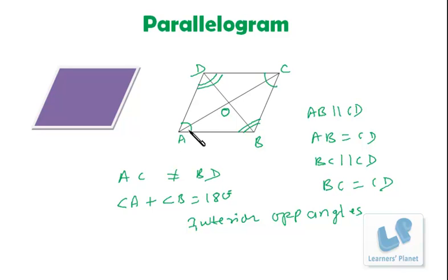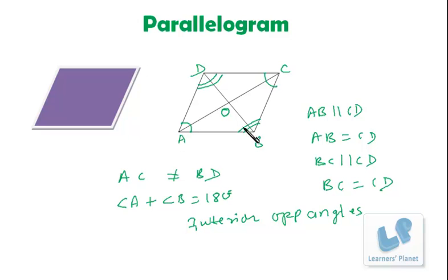Okay, and why are they called interior opposite angles? Because these two angles are between these two parallel lines. So I hope you are clear about what an interior opposite angle is.